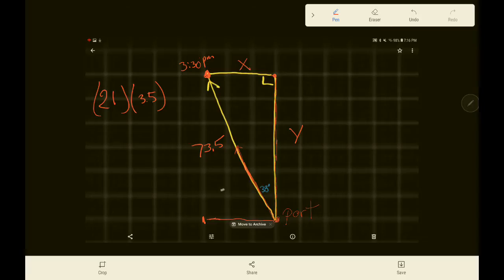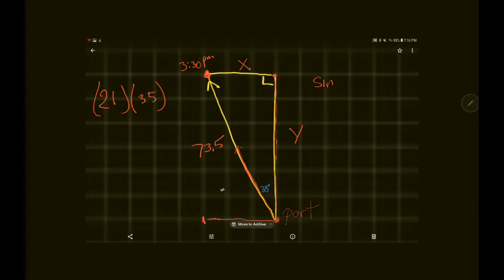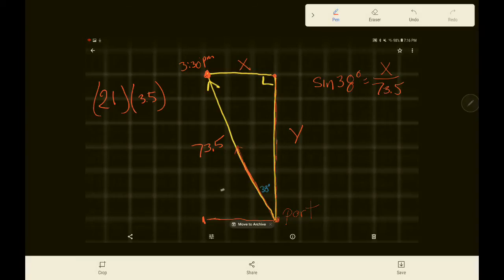But think of that. If you have a right triangle with a 38-degree angle and you know the hypotenuse is 73.5, what is x and what is y? So let's look at the sine of 38 degrees equals x over 73.5. You can solve that for x.